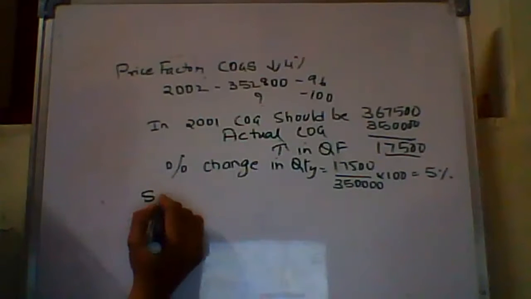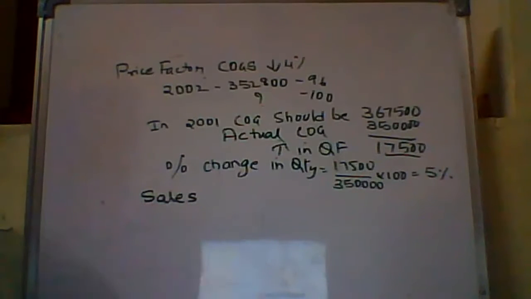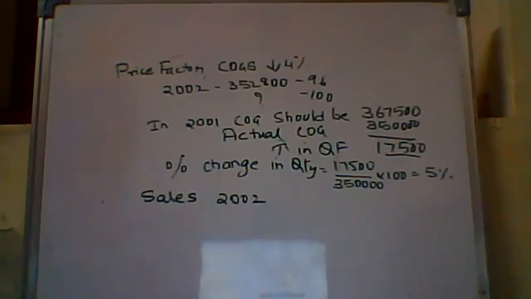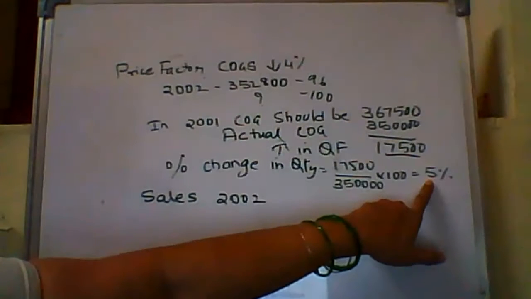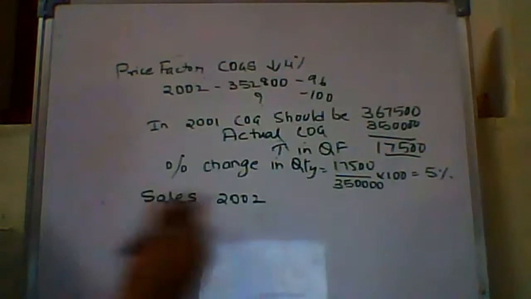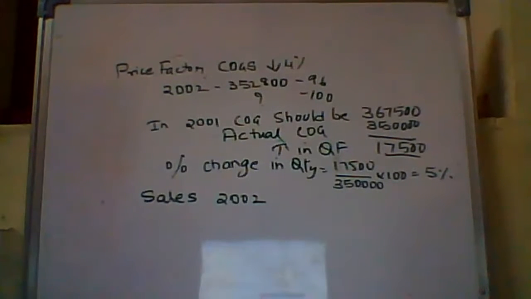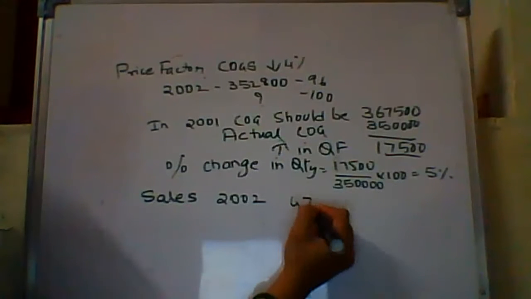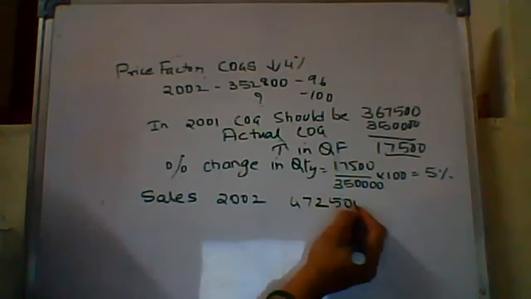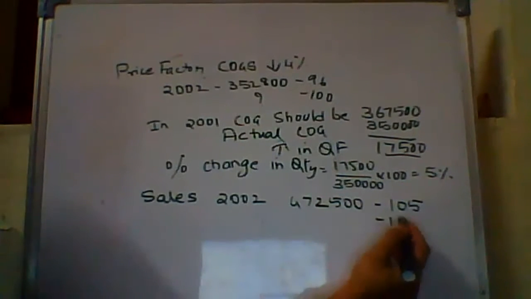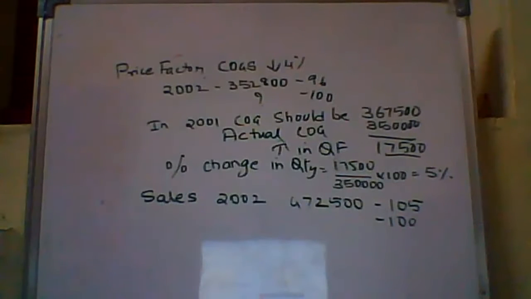Now take the sales of 2002. How much is the increase in the sales due to quantity? 5%. How much is the amount in 2002? 4 lakhs 72,500 is 105%. Find out how much is 100.